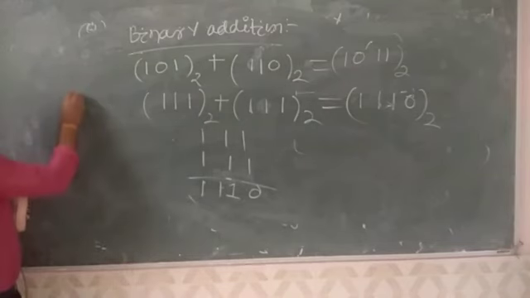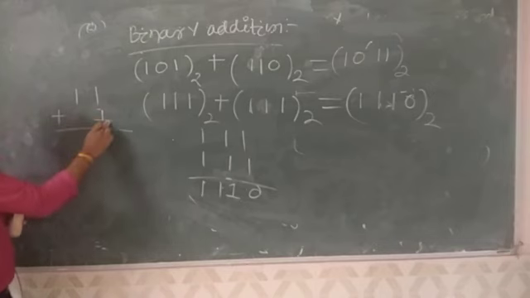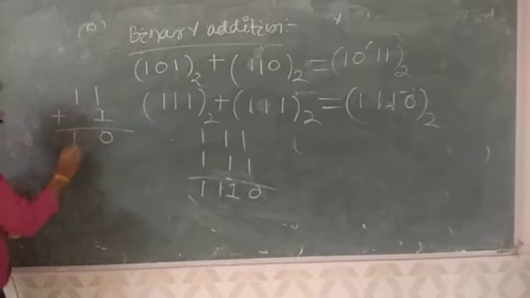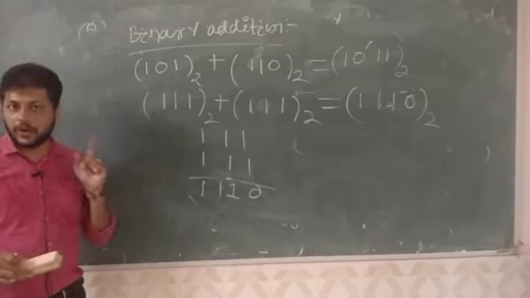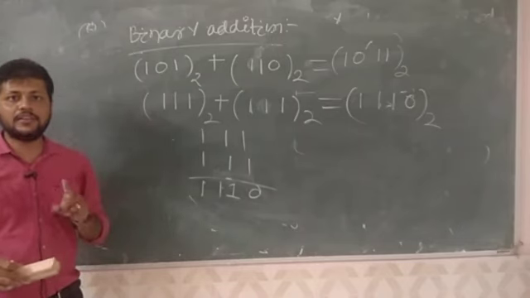How? 1 plus 1 means 10, keep 0 and carry 1, and that 1 is added with this one. This is the 100. So this is very, very important. You need to remember 1 plus 1 in binary is not 2. 1 plus 1 is 10.